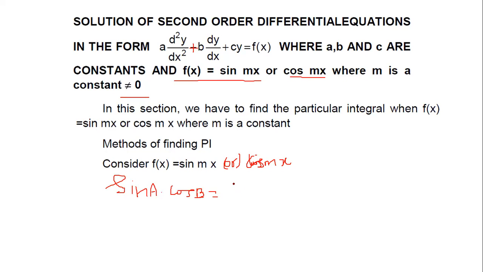Sir, 2 sin A plus B. Okay, that is correct, but only thing is it is not 2, it is 1 by 2. 1 by 2 sin A plus B plus sin A minus B.